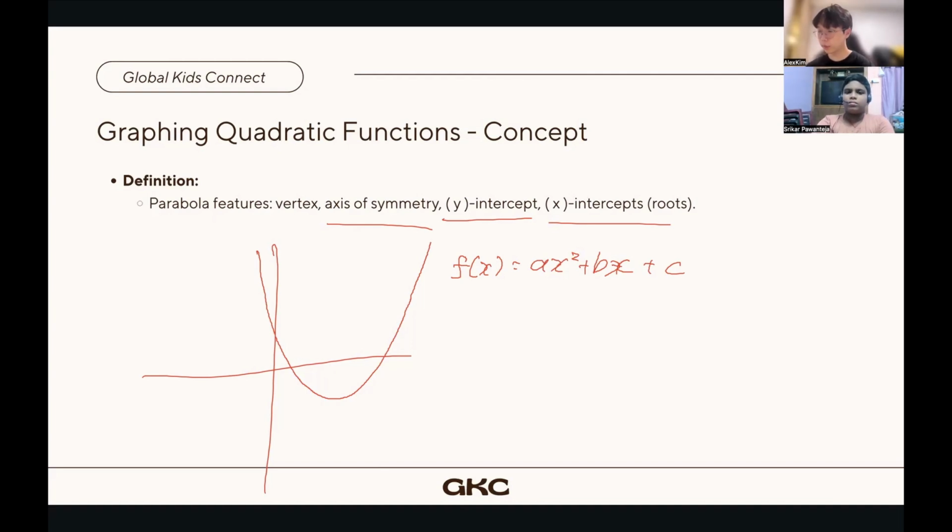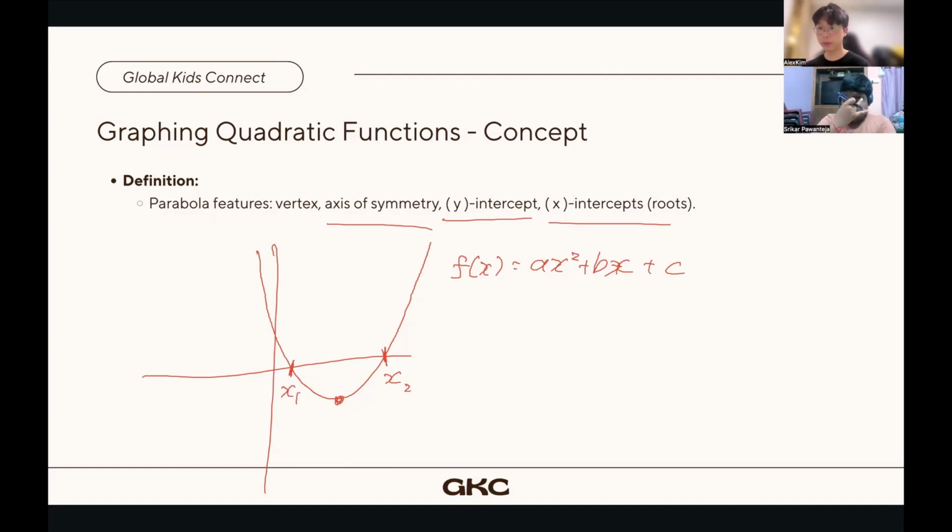And so we now know how to find the vertex point because we already practiced this. However, how do we find the x-intercepts? Well, the x-intercepts are the solutions to this quadratic function.